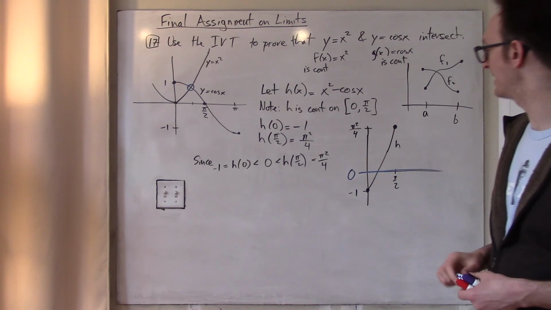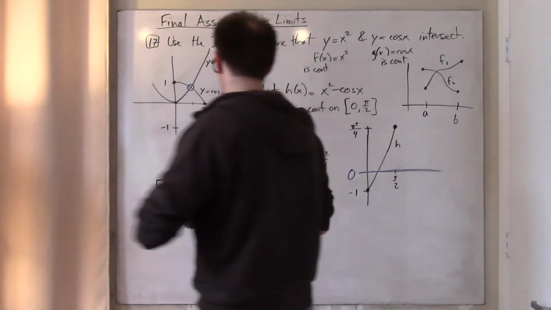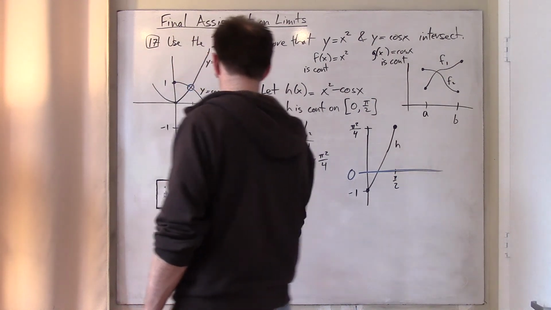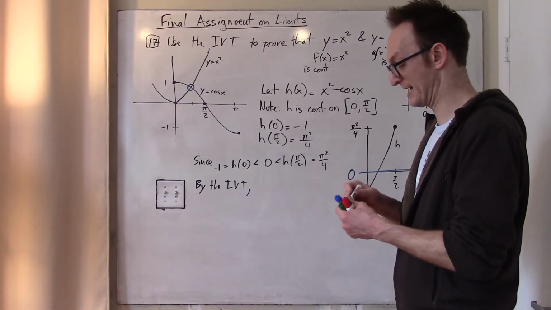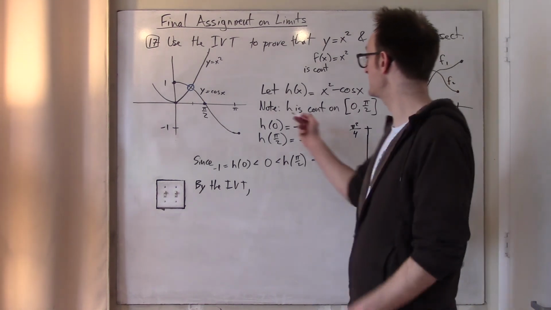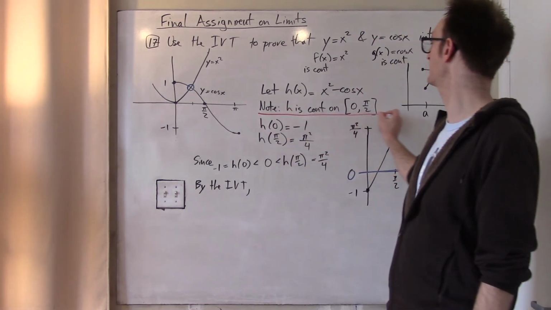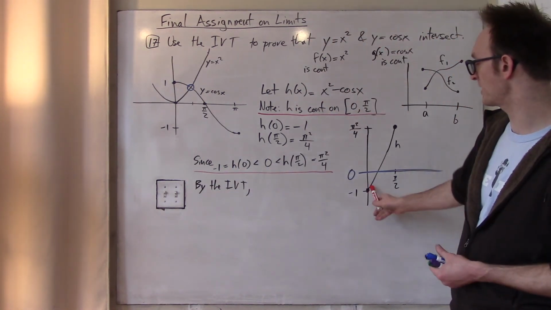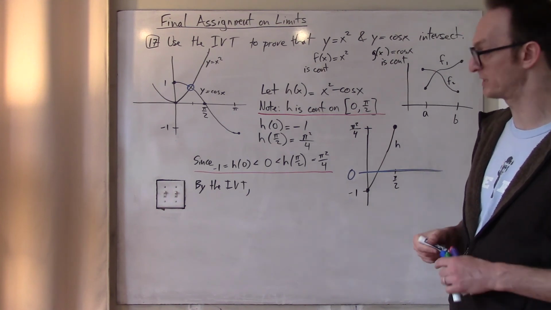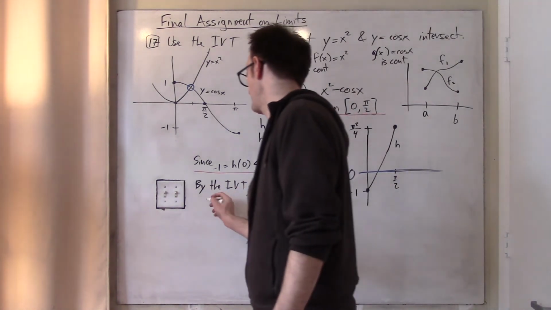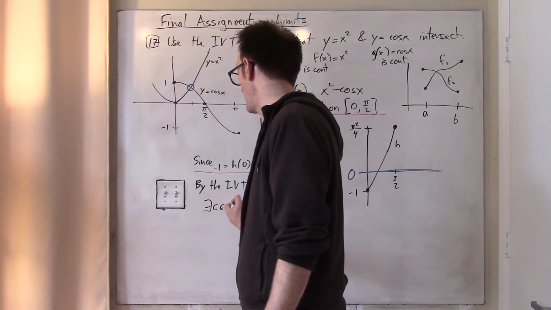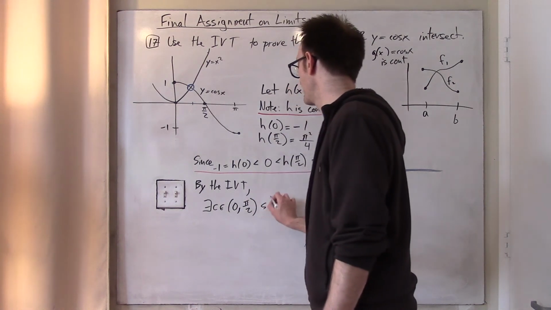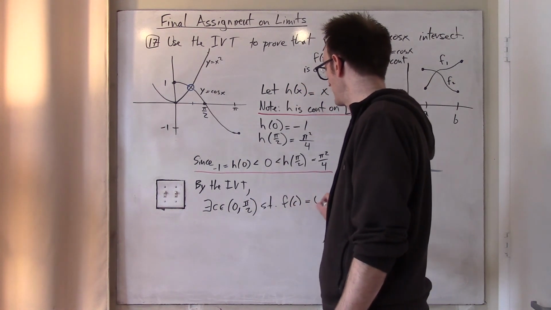And so now we say, by the intermediate value theorem, since this h function is continuous on this interval, and since I picked a y value 0 that lies between the value at the left endpoint and the value at the right endpoint, the intermediate value theorem says that there exists a point c on the interval 0 to pi over 2 such that h(c) is 0.